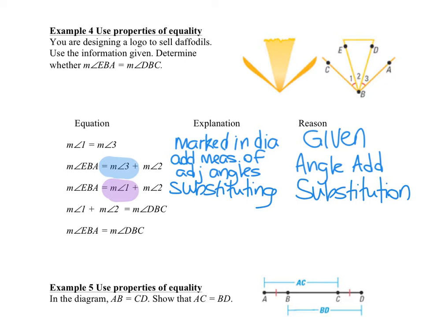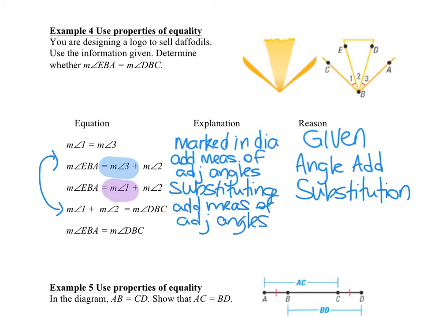And then I say angle 1 plus angle 2 equals the measure of DBC. Well, that's the same thing that's going on up here. It's the same thing where I'm adding measures of adjacent angles.